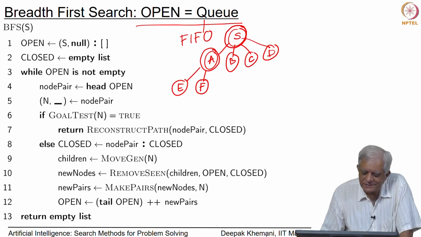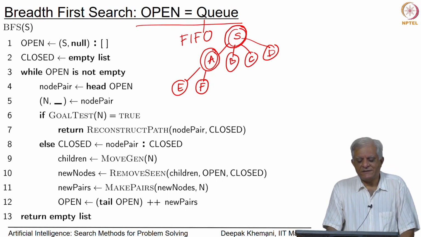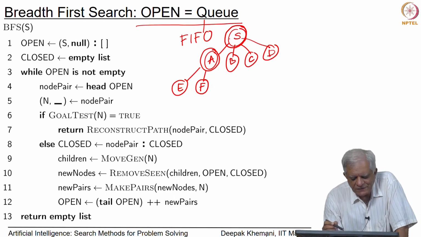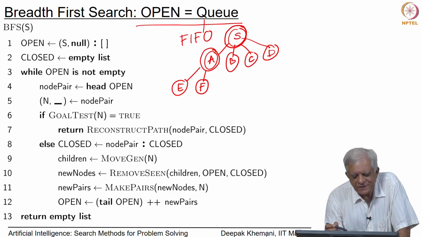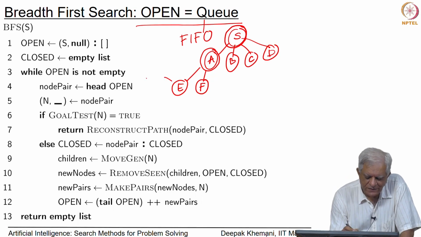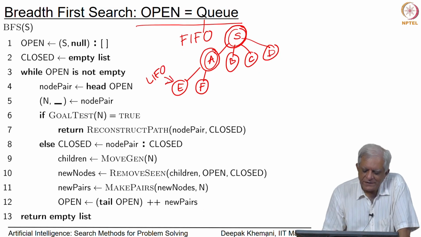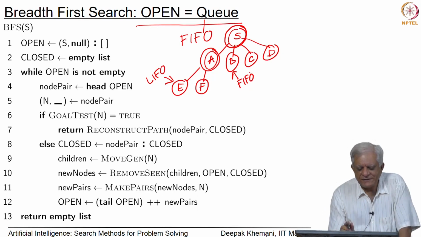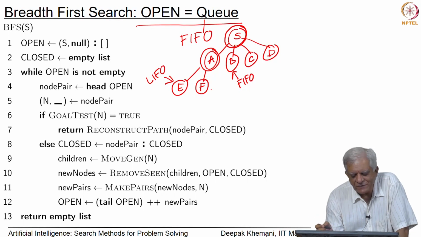Now, the question is, after we have inspected A, which is the next node that we should inspect. If you remember how depth first search works, it says the newest nodes first, or the last nodes which were inserted into open first. So, that was last in first out. The last in first out would be picking the node E, but first in first out would pick the node B, because the nodes E and F would have gone to the end of the queue.